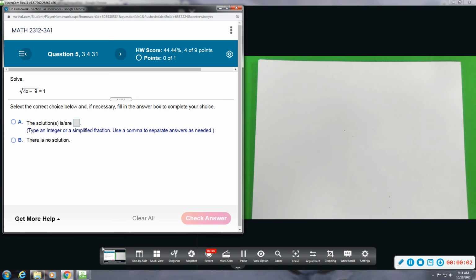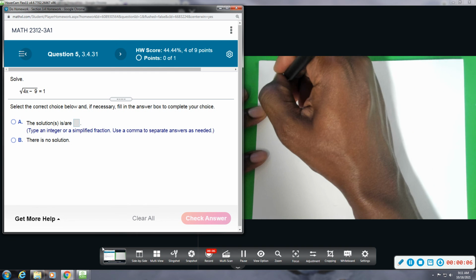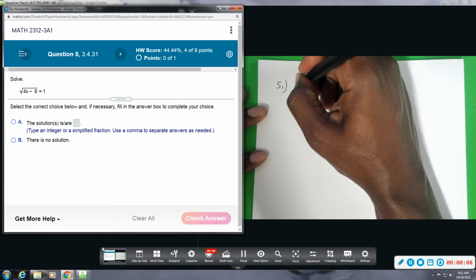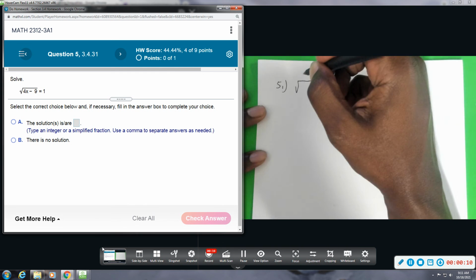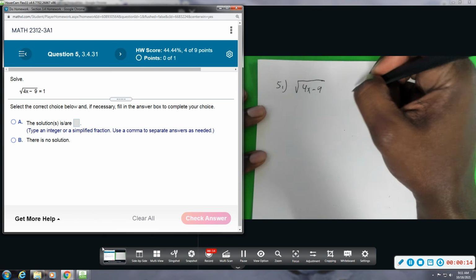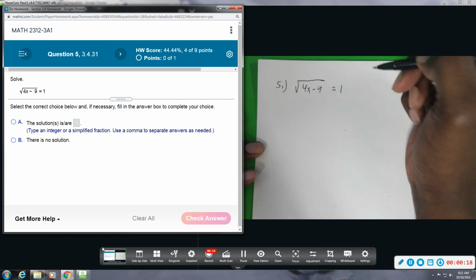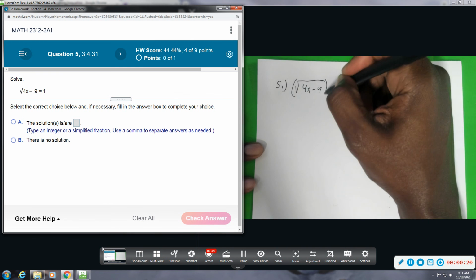All right, number 5, we're going to be solving a radical equation. We have the square root of 4x minus 9 equals 1. Our first step to get rid of the square root is to square both sides.